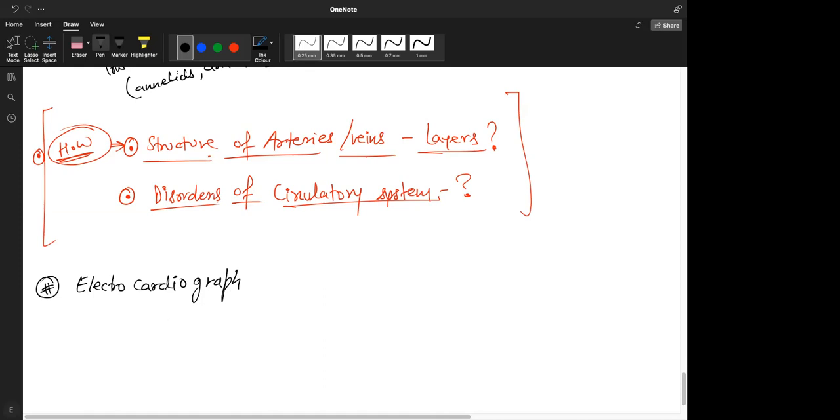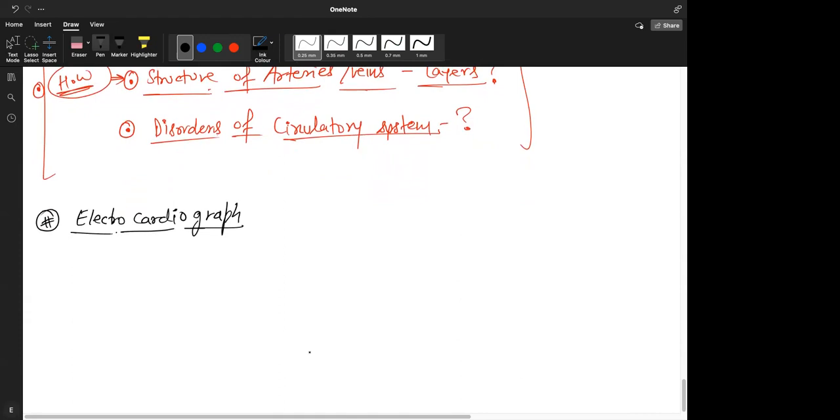Now there's a machine which has some wires and some electrodes, which are put on the chest and different regions around the heart. Any one of you who has had an ECG done? No one?